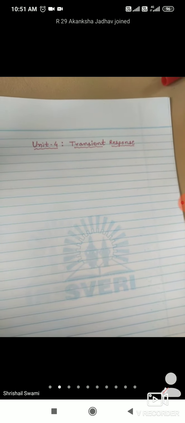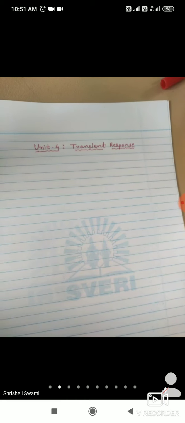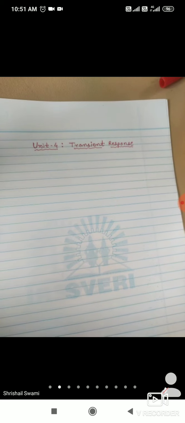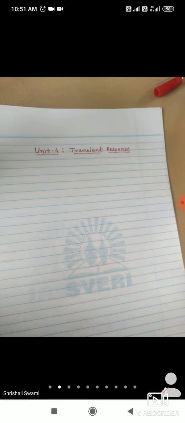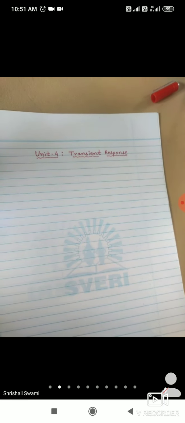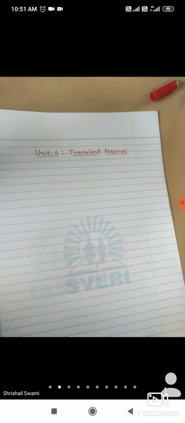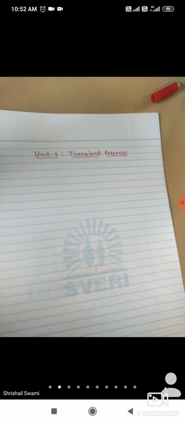In the university also, nearly 14 marks questions will be there in section 2. Compared to the other two units in section 2, this is somewhat difficult, but it is a very interesting subject.